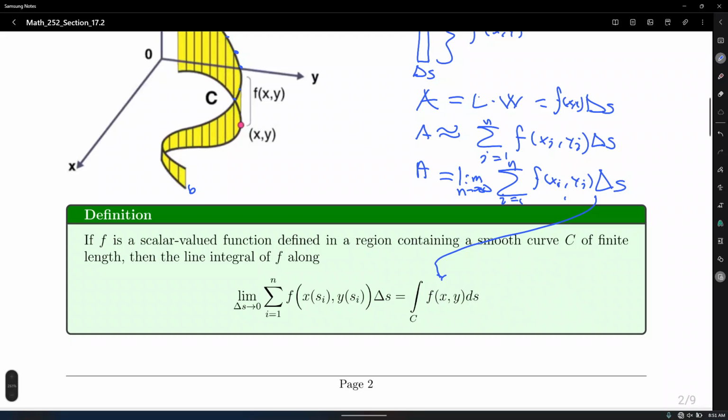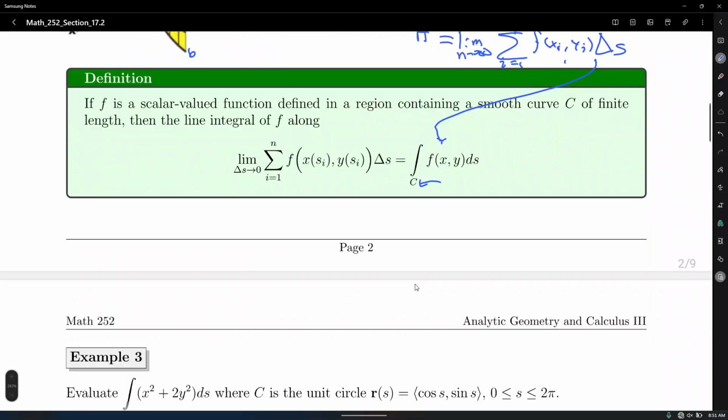Notice the subscript below the integral symbol. This describes the path or the trajectory over which we're integrating. So we're going to find the area under the fence along that curve C. Okay? Let's have a look at one example to see this in action.